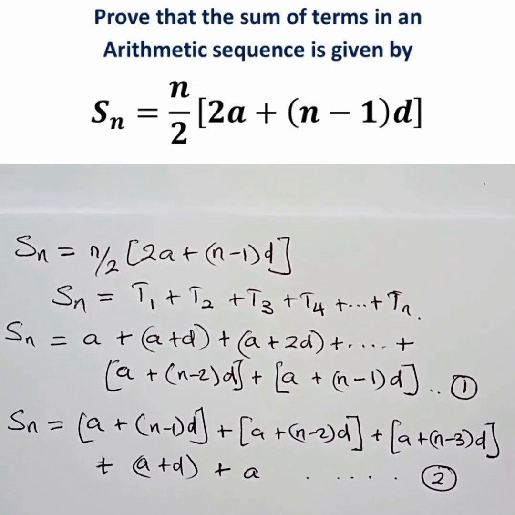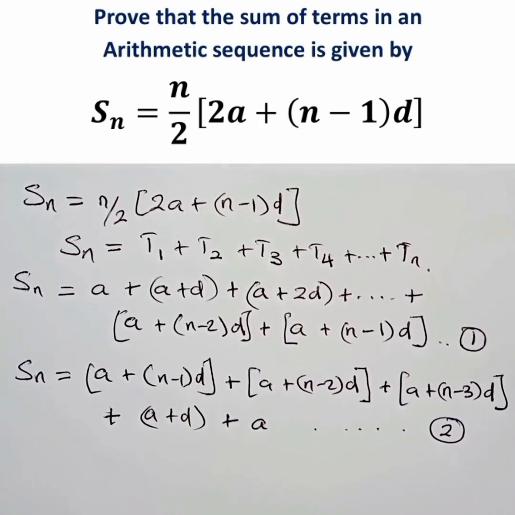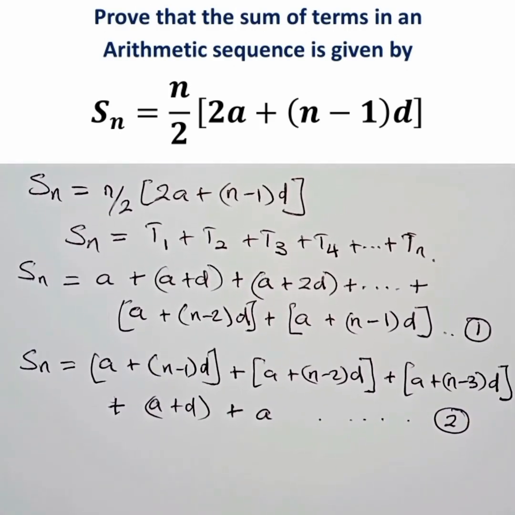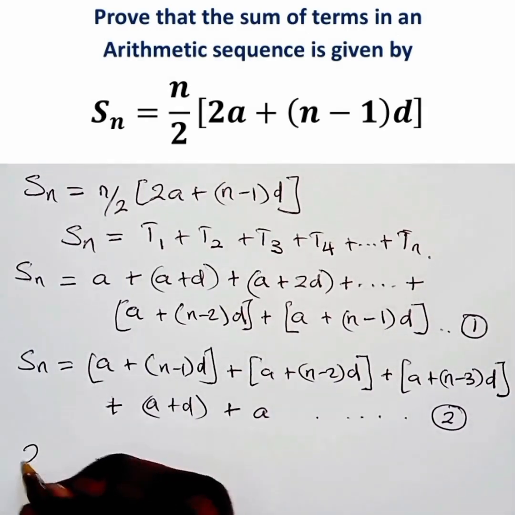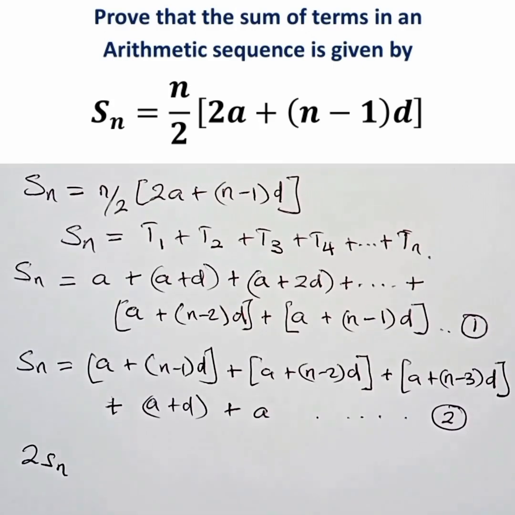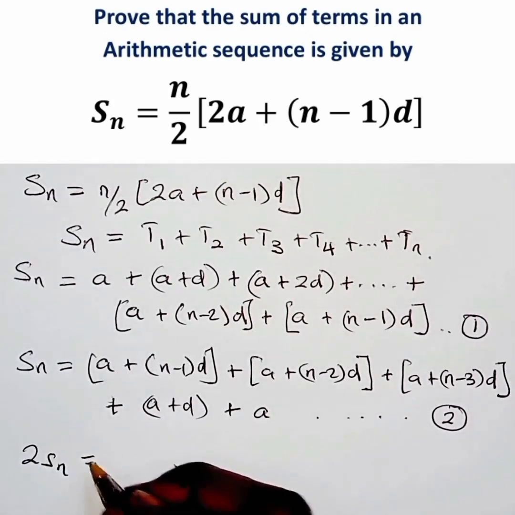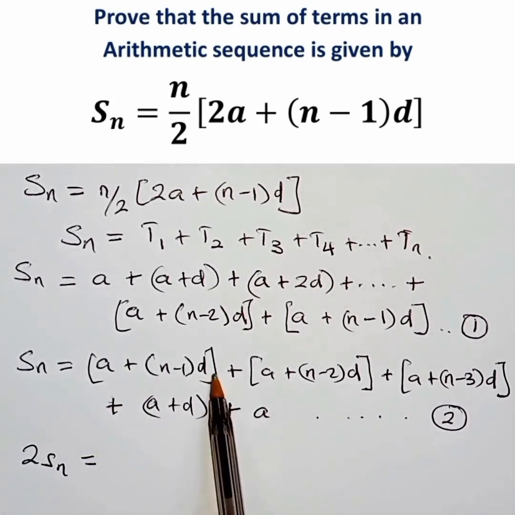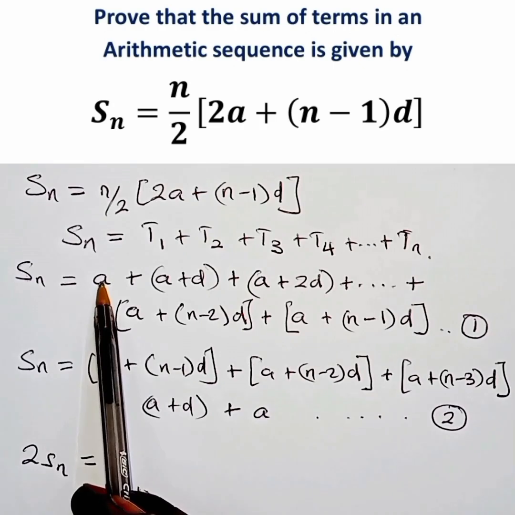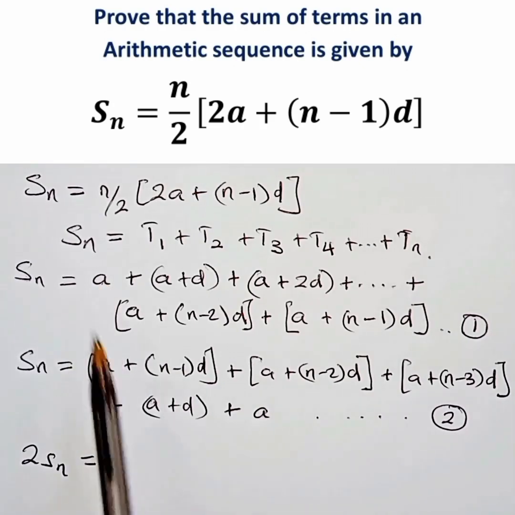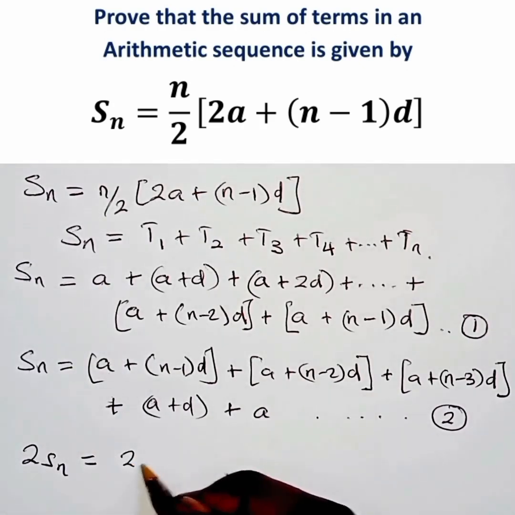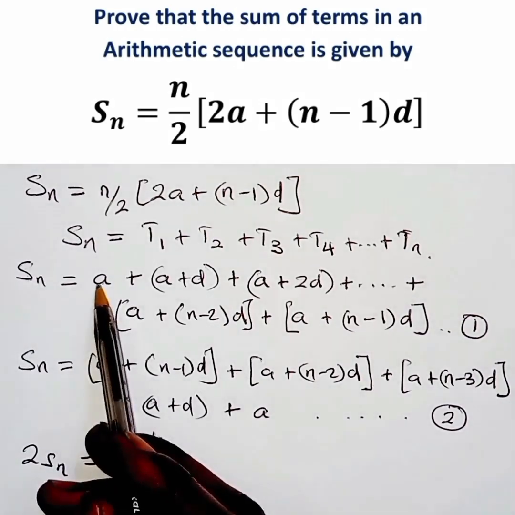Then I'm going to add equation number 2 to equation number 1. I will have Sn plus Sn, I will have 2Sn. Then that will be equal to, so I'll be adding the first term of this sequence to the first term on that one. So I'll have 2A because I've got A and A there.